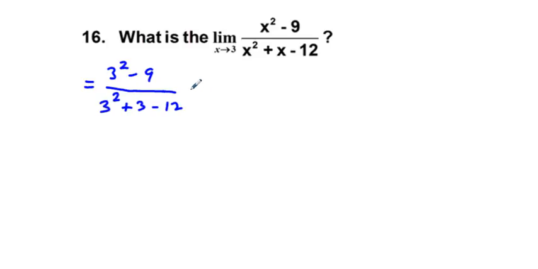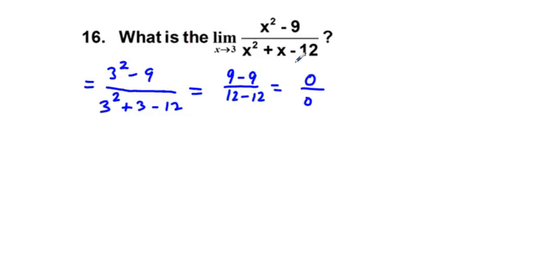Well, 3 squared minus 9 is 9 minus 9, which is 0. And then 3 squared plus 3 is 9 plus 3, that's 12, minus 12. So we have 9 minus 9 over 12 minus 12, which equals 0 over 0.